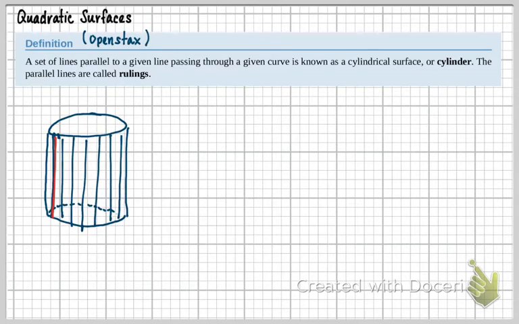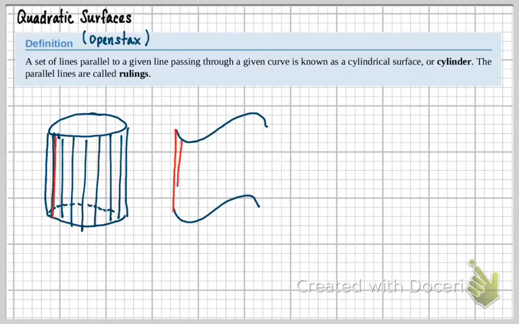Now one thing that's a little different here is we never realize that that's not it. If I look at this line, or that curve I should say, that's also a curve. And I'm going to create a line, not parallel, but passing through the given curve.